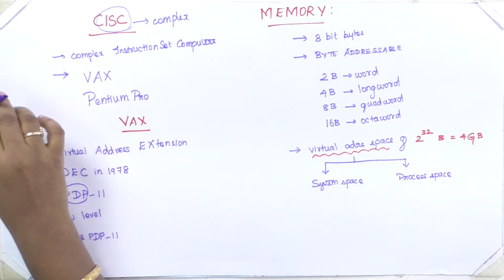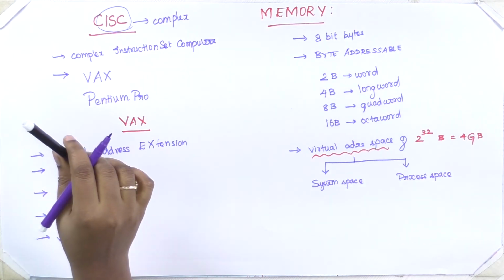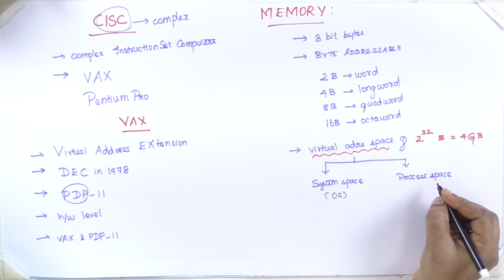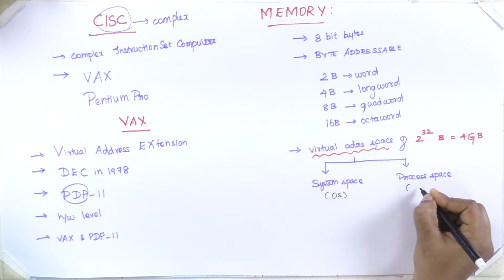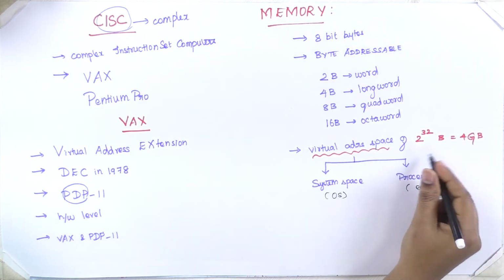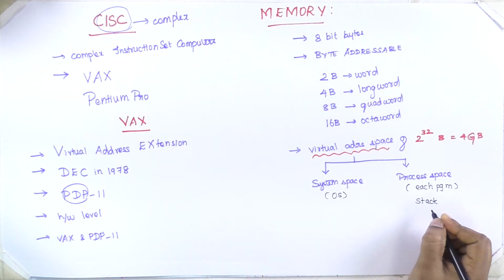Our system space will contain our operating system, and process space is defined separately for each program. Part of the process space will also contain the stack of the program.